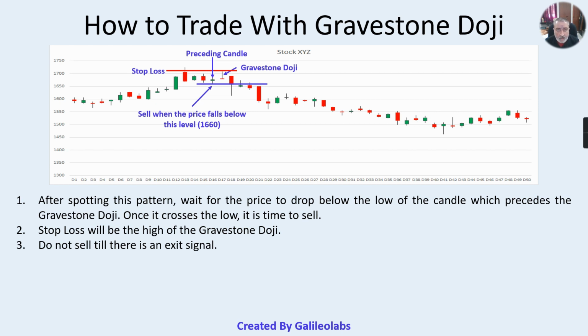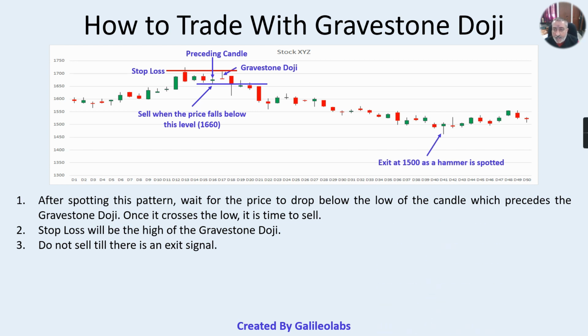By exit signal, I mean we will be considering only the candlestick patterns right now, but exit signals can be other indicators also, like RSI, MACD, ADX, or any other. We will not be complicating the situation as of now. The exit signal which we will consider would be the candlestick pattern only at this stage.